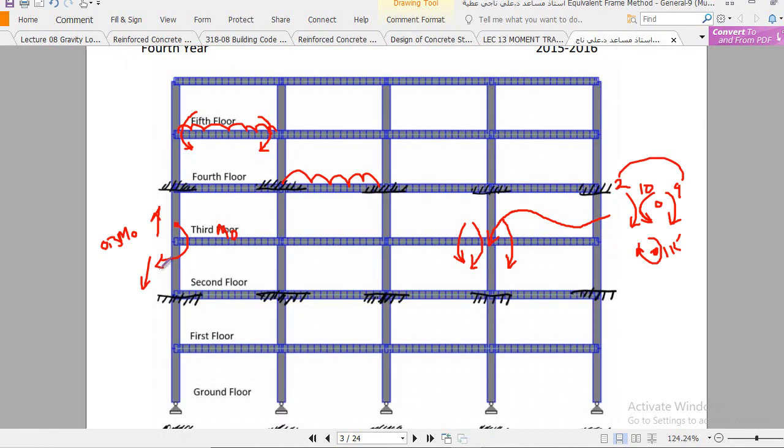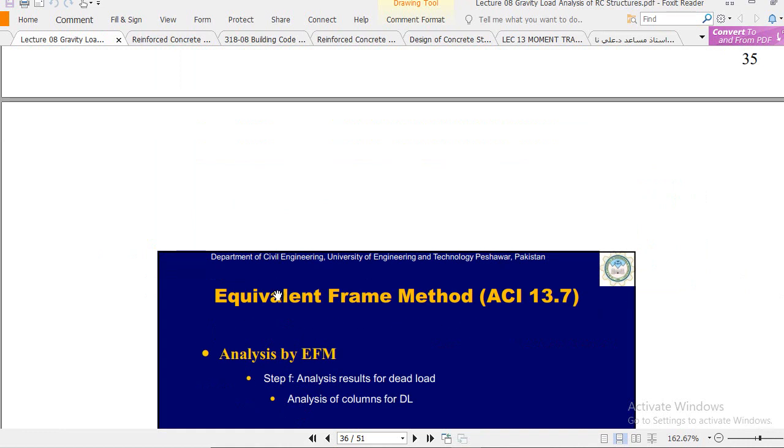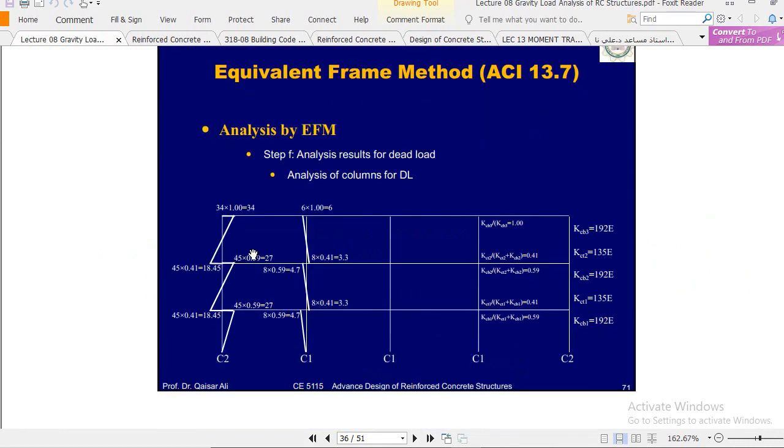Once you get this, say 45, you have to distribute that 45 in view of the stiffness, using the distribution factor. This will be the next procedure.